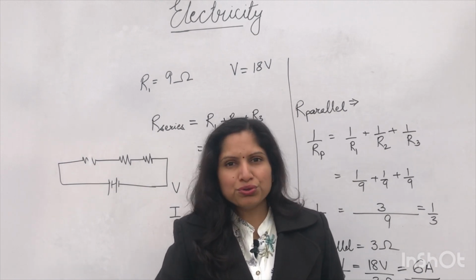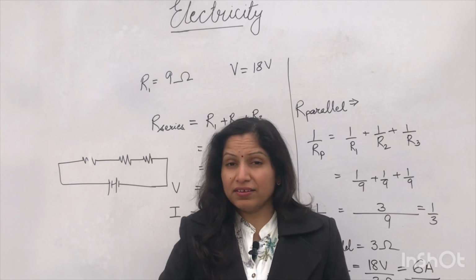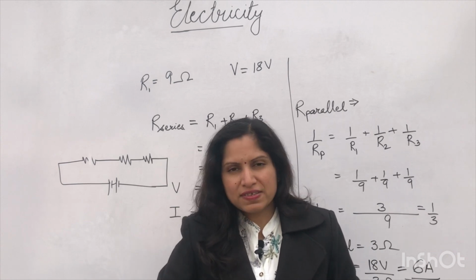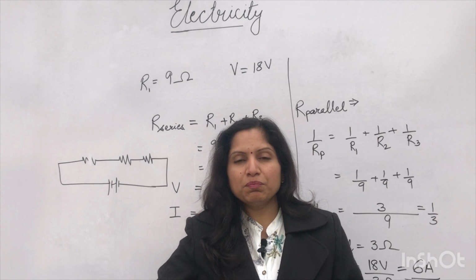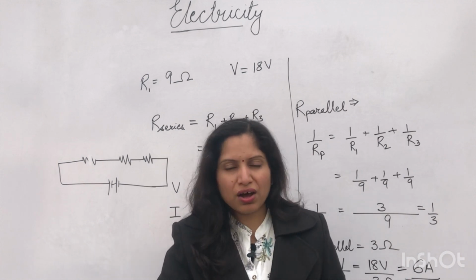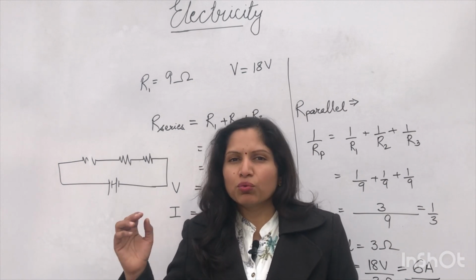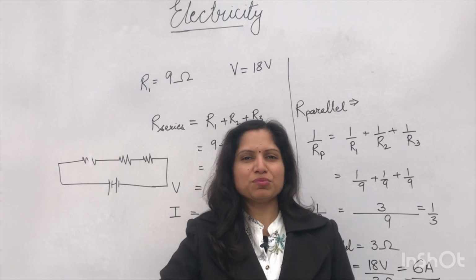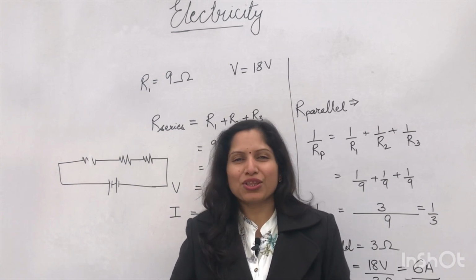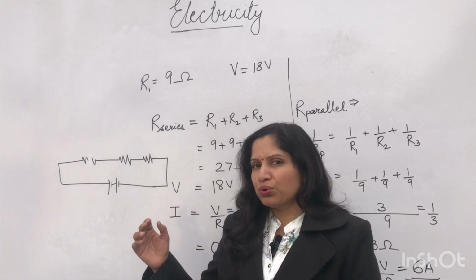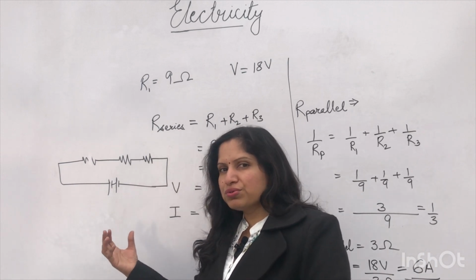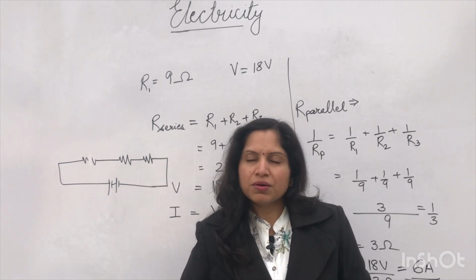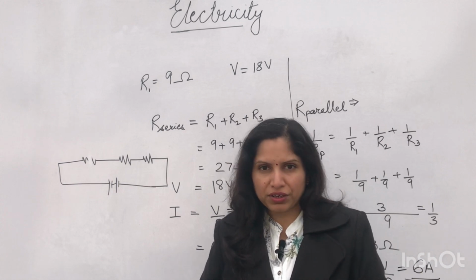So in order to keep our AC on at night during summers, we have to keep on all the lights of the house, the refrigerator, the washing machine, everything needs to be turned on. That is not practically possible. So that is why we don't use series combination at home, but rather use parallel combination.